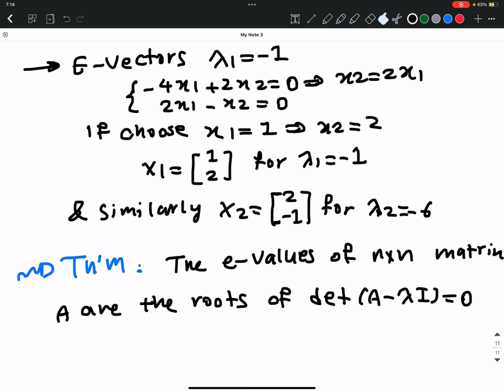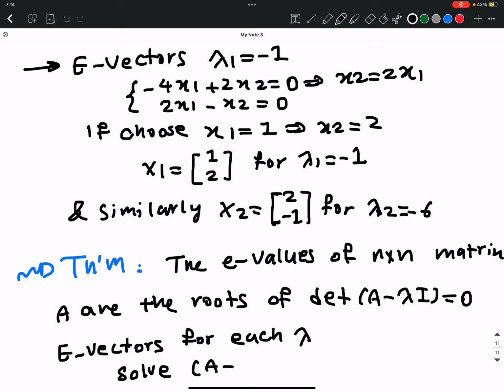And for eigenvectors, for each lambda, we solve A minus lambda I times a vector V equals 0 to find eigenvectors.